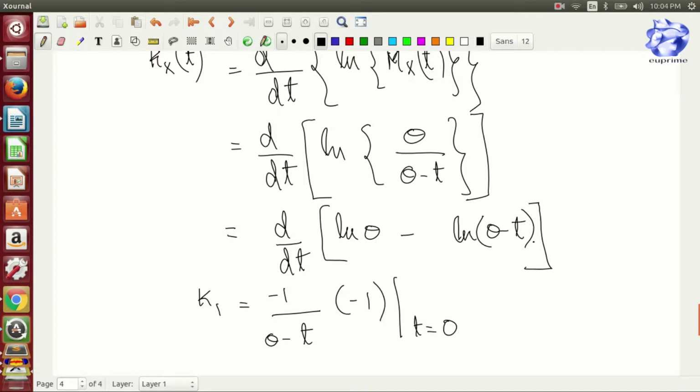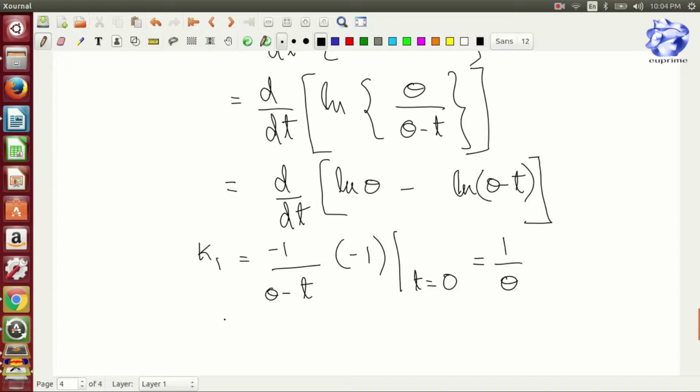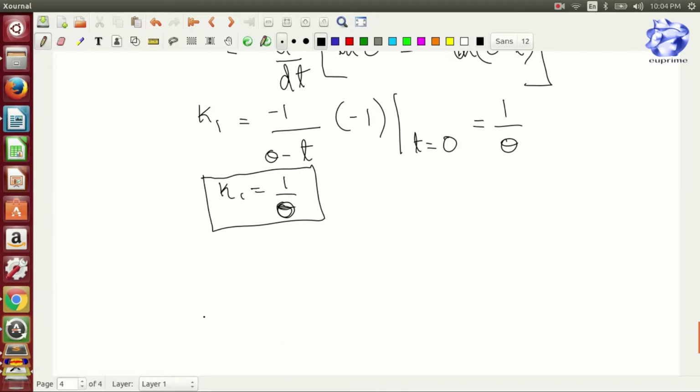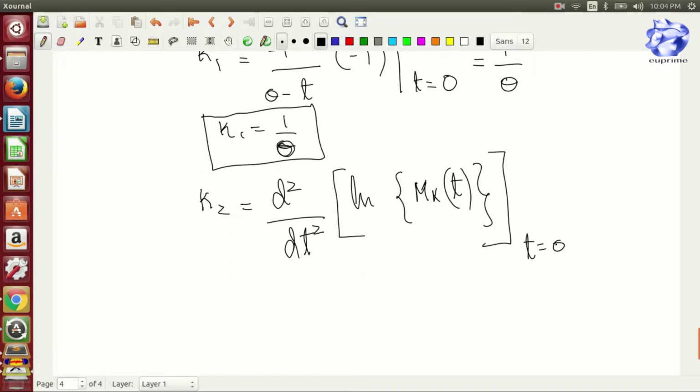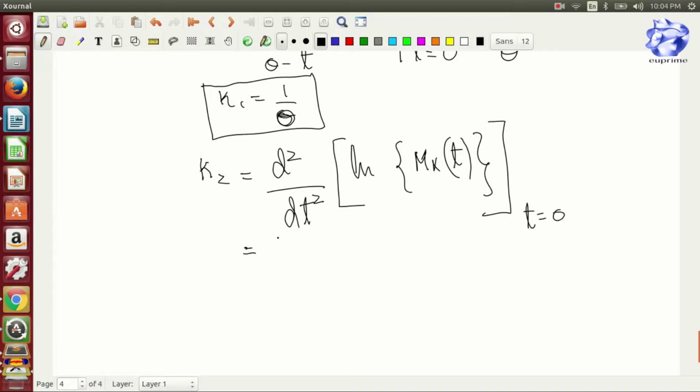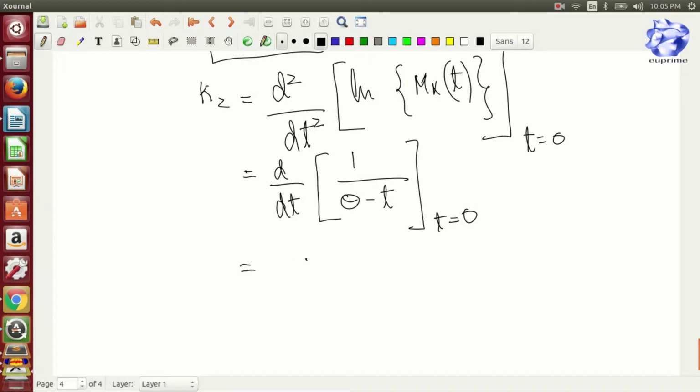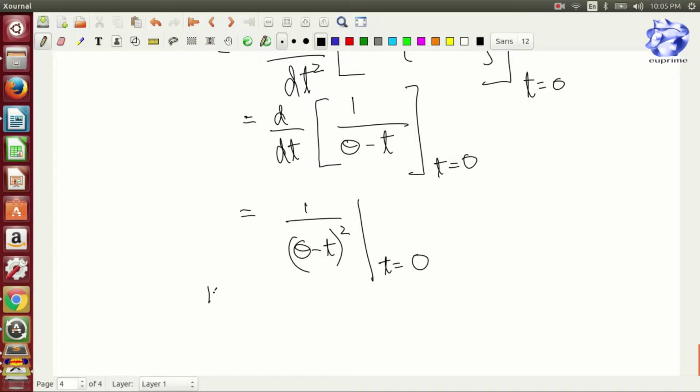Well, k1 is minus 1 by theta minus t into minus 1, where t is 0. So k1 is 1 by theta, that is the mean, which is called the first moment. Now we calculate the second moment by double differentiating. So we should get the answer as 1 by theta square, since we know that the second moment is variance. And there we go, we get 1 by theta square after substituting the limit t equals 0.